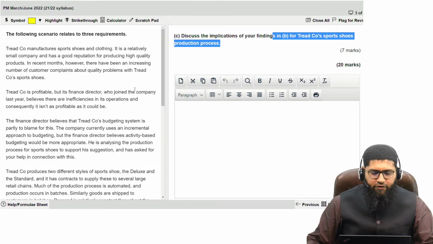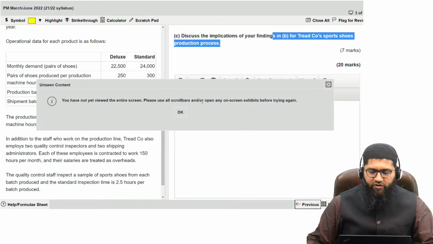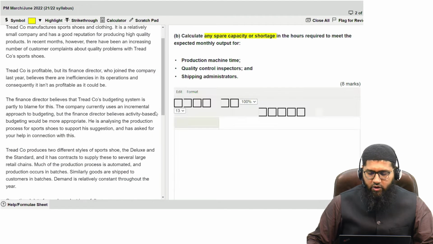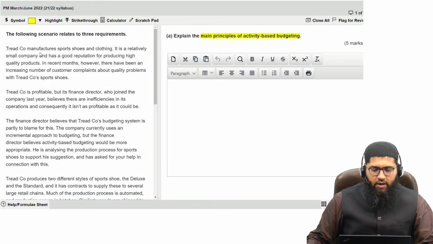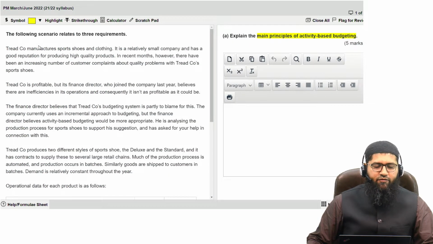So first of all, let's read through this specific question so that we know what is actually going on. If I expand it, it says Trade Company manufactures sports shoes and clothing.